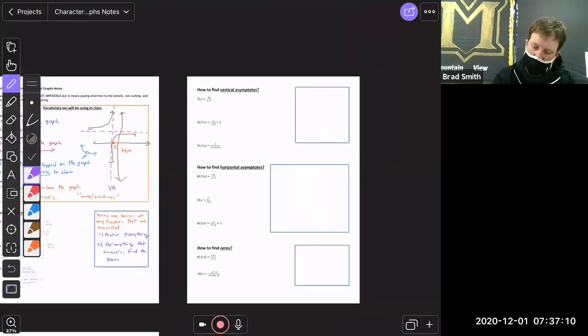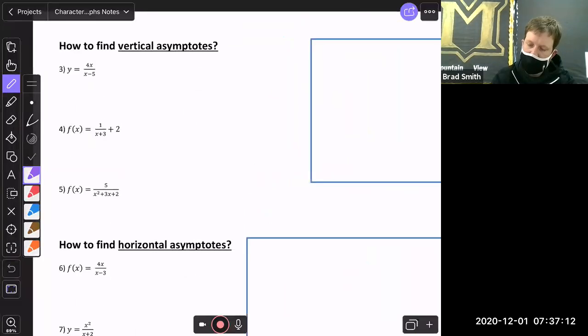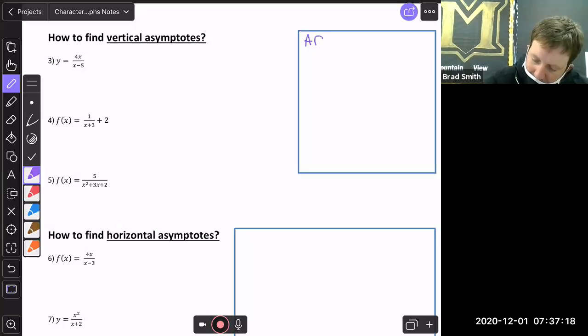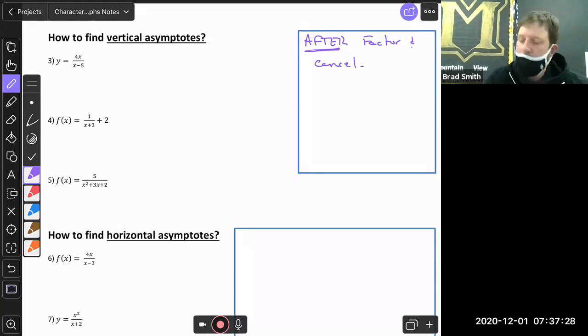Let's come over here. How to find the vertical asymptote. So after factoring and canceling, make sure we got that down. It's always after the holes. So after you factor and cancel, find the zeros of the denominator.